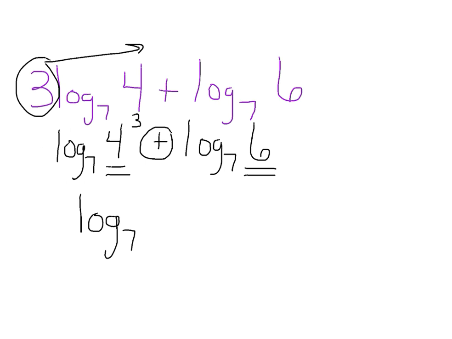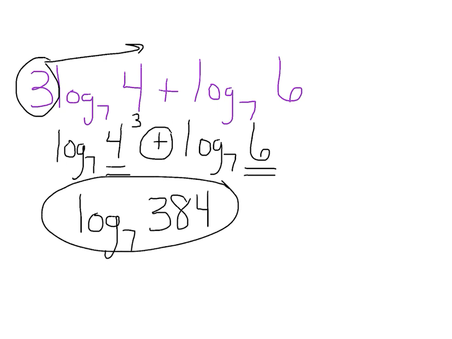I need to know what 4 to the third times 6 is. So in a calculator, 4 to the third times 6. 384. And that's simplified or condensed.